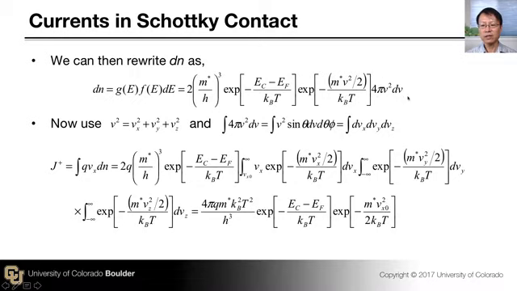And to replace dv, we use the fact that 4 pi v squared dv is basically a volume element in spherical polar coordinates, and that should be equal to the volume element in Cartesian coordinates, dvx times dvy times dvz.